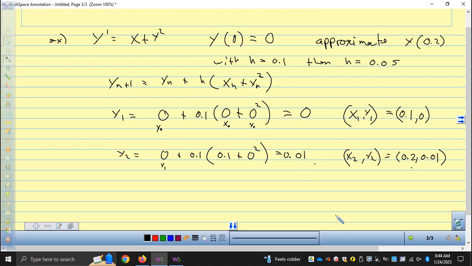So x2, y2 is 0.2, comma 0.01. So this is our approximation of y of 0.2 with h equals 0.1. So we needed 2 iterations to go from 0 to 0.2 using h equals 0.1, and our approximate value of our function is 0.01.